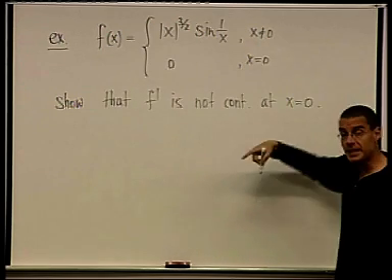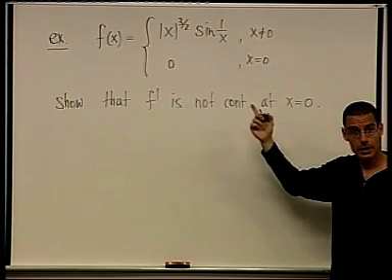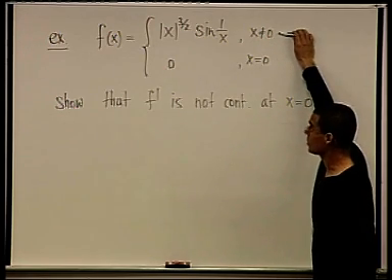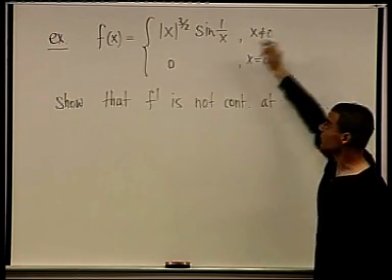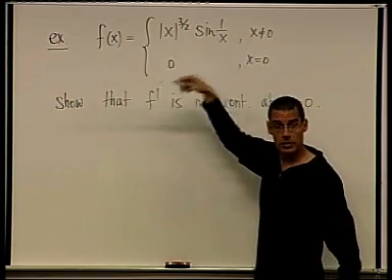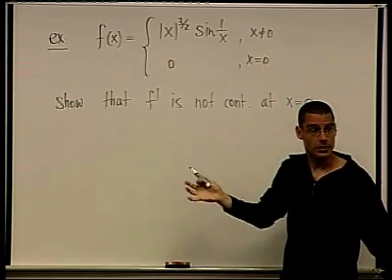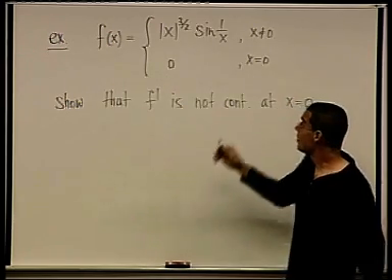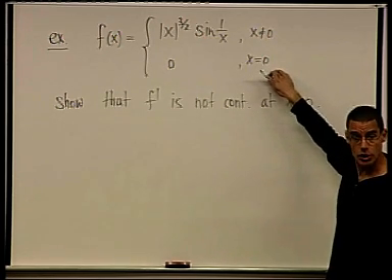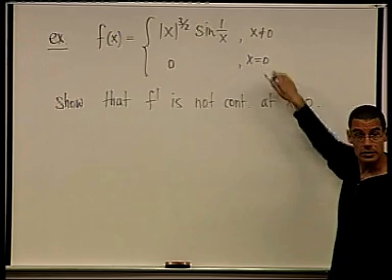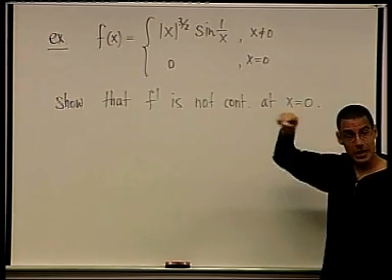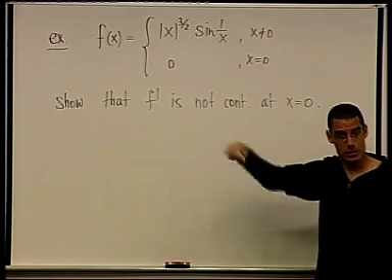So you need to find f prime first. Okay? Finding f prime at any x which is not 0 is rather easy. There's a product and a little chain rule here, right? For x positive and x negative, that's easy. Do you agree? Finding f prime at 0, you have to use the definition of the derivative. You have to take the limit as x approaches 0 of f of x minus f of 0 divided by x minus 0.